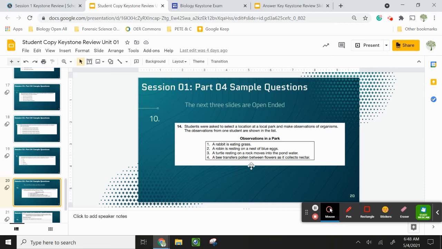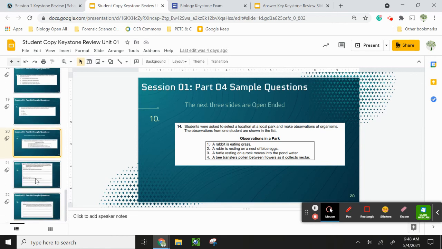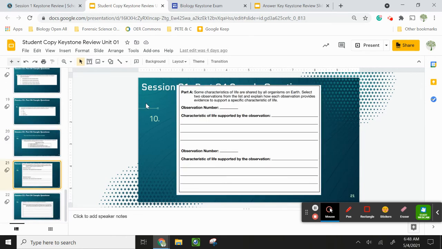Or a bee transfers pollen between flowers as it collects nectar. These are all observations that someone made while they were in the park. Some characteristics of life are shared by all organisms on Earth. Select 2 observations from the list and explain how each observation provides evidence to support a specific characteristic of life.